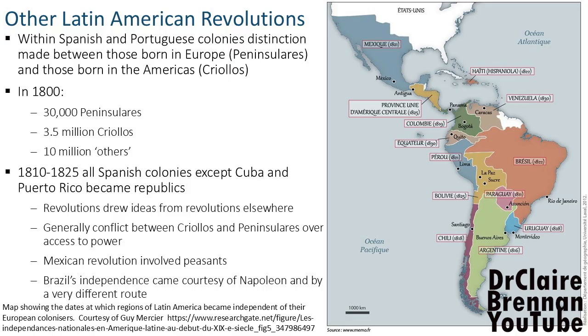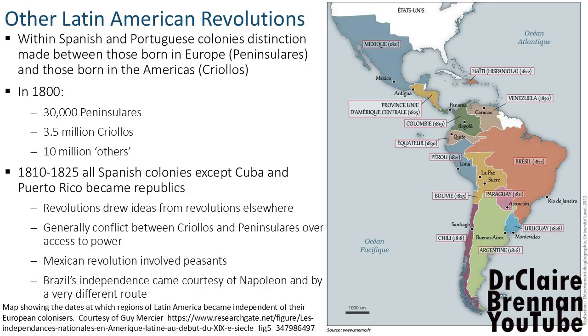As you can see from the map, between 1810 and 1825, independence roared through Latin America. Brazil is a little bit of an exception. Napoleon invaded Portugal. The royal family fled to Brazil. When the Napoleonic threat had subsided, most of the royal family went back, but one member remained and became Emperor of Brazil.